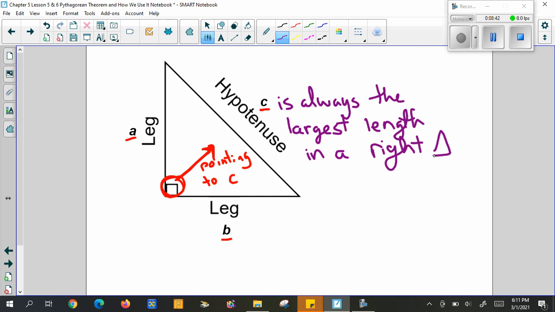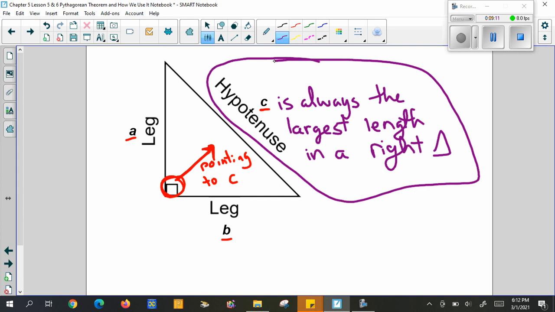The way this theorem works, C will always be the largest side of a right triangle. And that's going to come in handy because sometimes we're going to have to figure out which side is A, which side is B, which side is C. And this fact of C being the largest measurement is going to be needed for that piece.